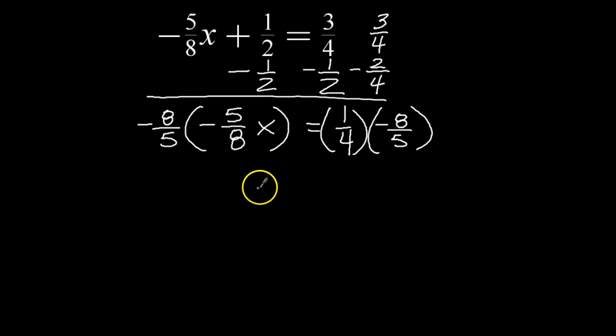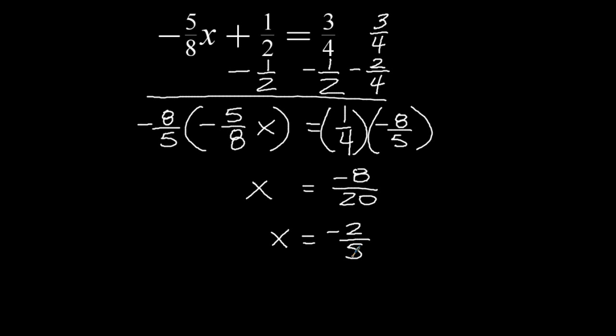Those all cancel out, leaving 1, since 40 divided by 40 is 1. On this side, 1 times negative 8 is negative 8, and 4 times 5 is 20. These can be simplified: dividing both by 4, x is equal to negative 2/5. Hopefully that works for you.